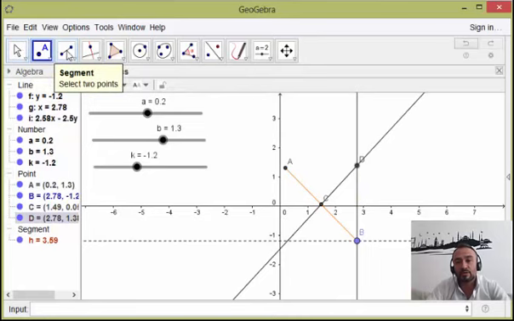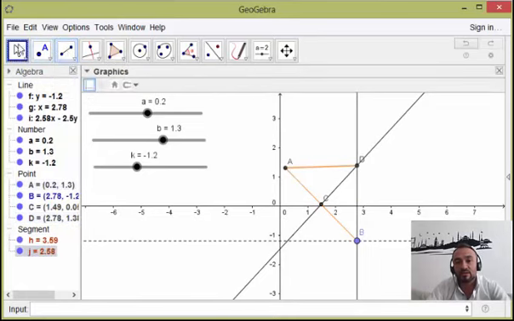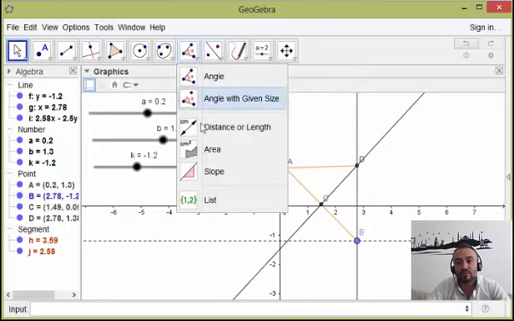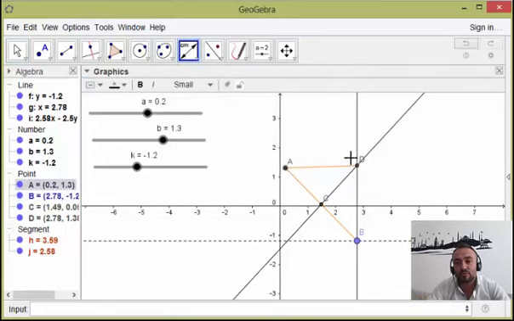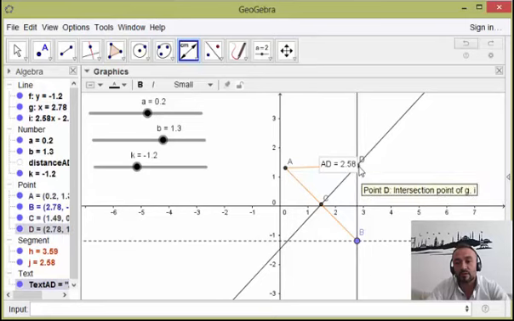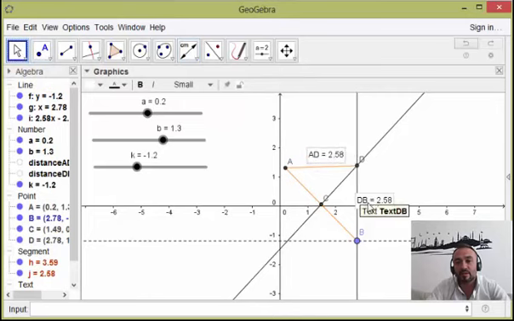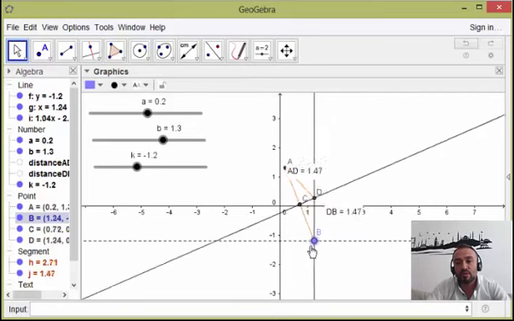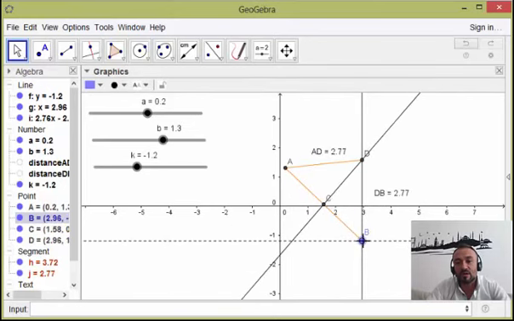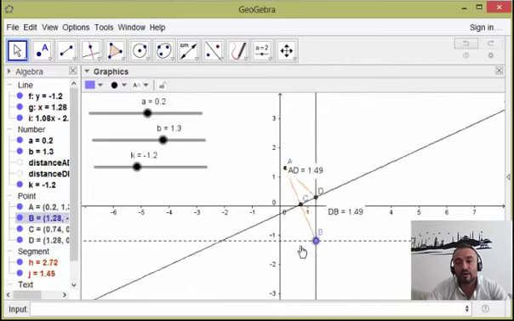So your imaginary triangle, which is isosceles, is here. The distances AD and DB are the same. You can also measure it to be sure, as you see. And when you move point B, the distances are every time similar for every place of B.